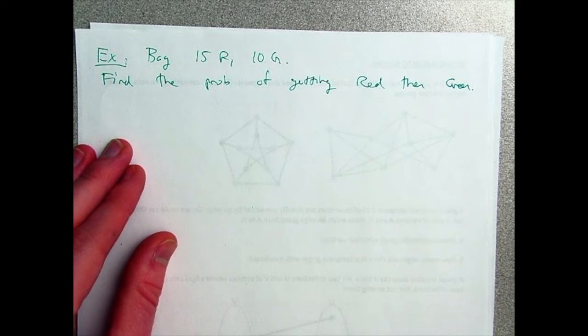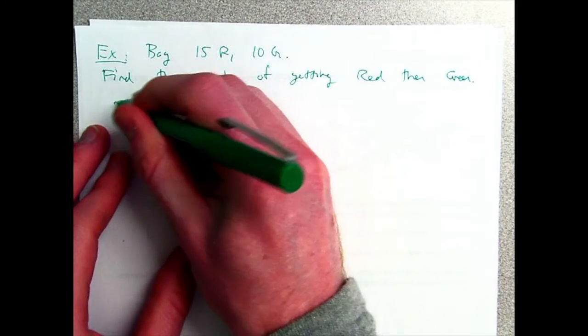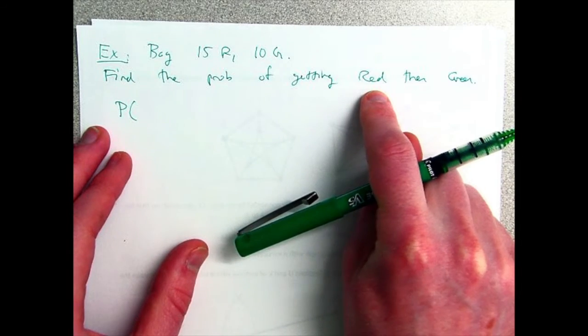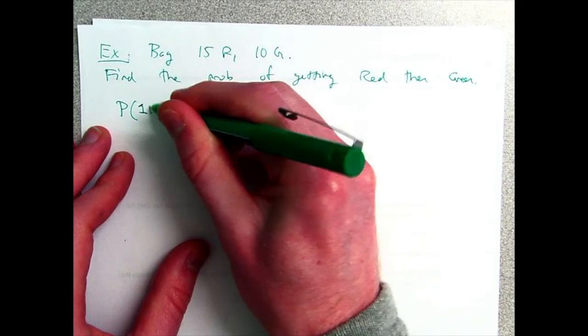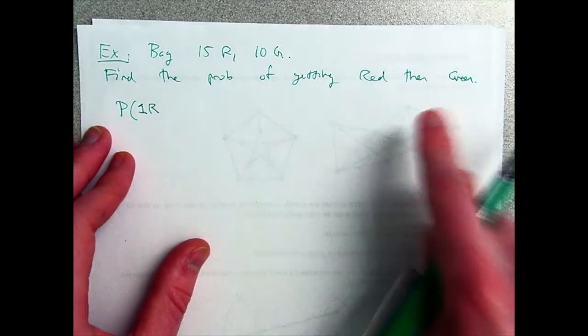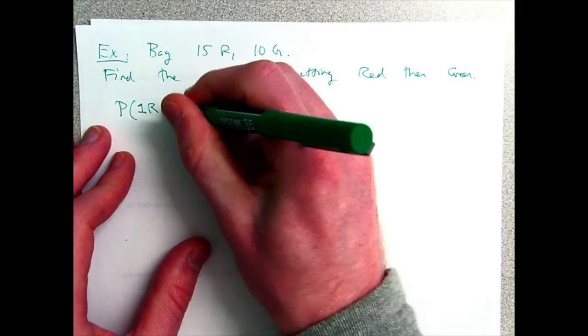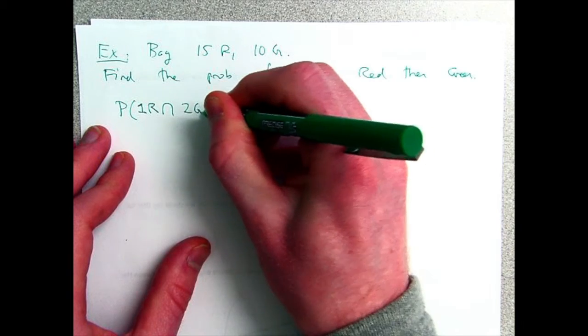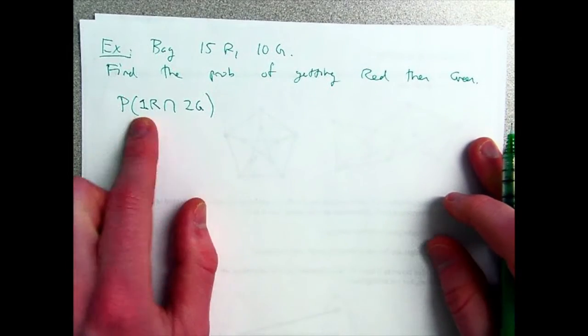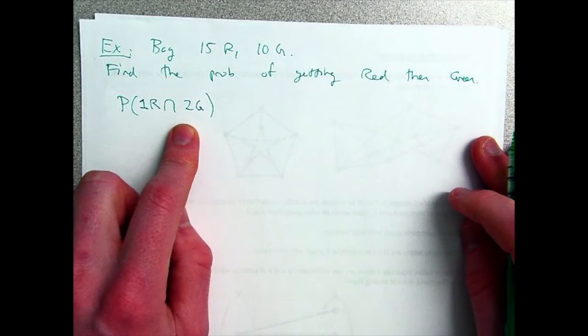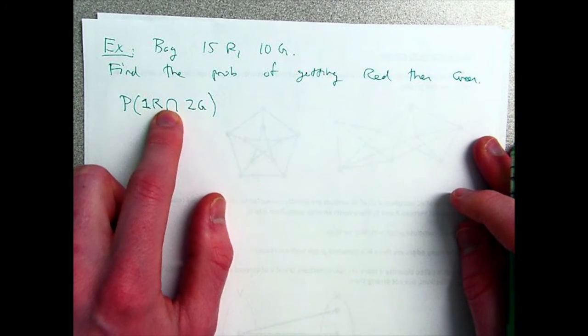So what I'm really saying is find the probability that the first marble is red and that the second marble is green. Represented using symbols, it's the probability that the first marble is red and the second marble is green.